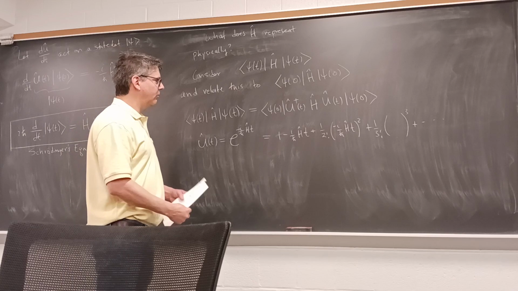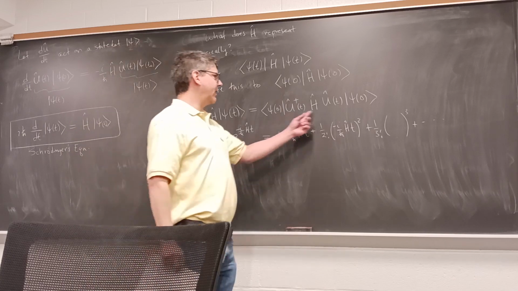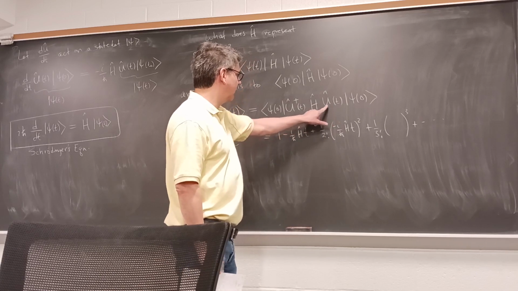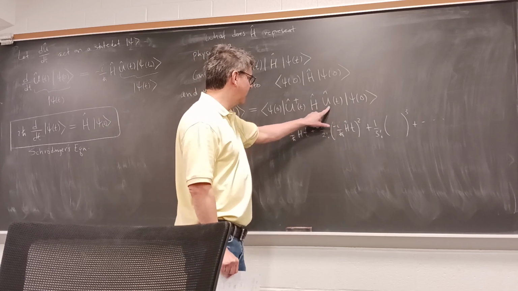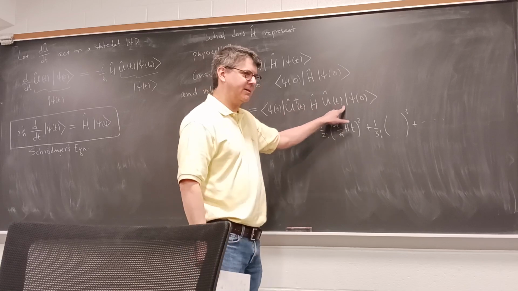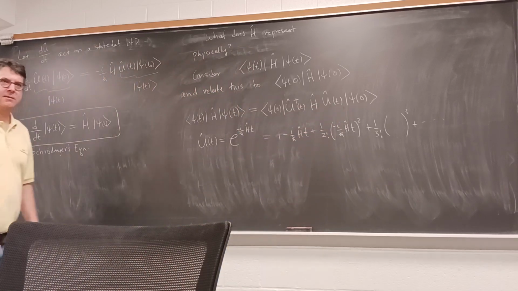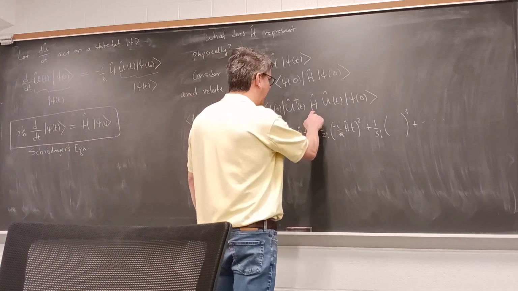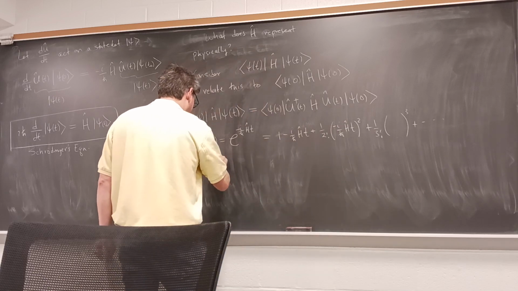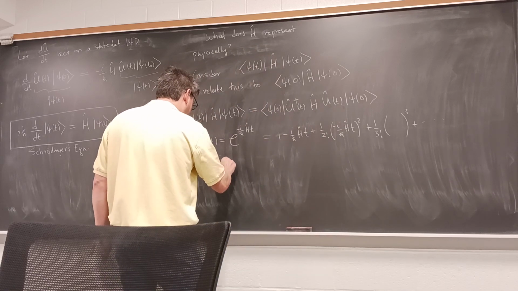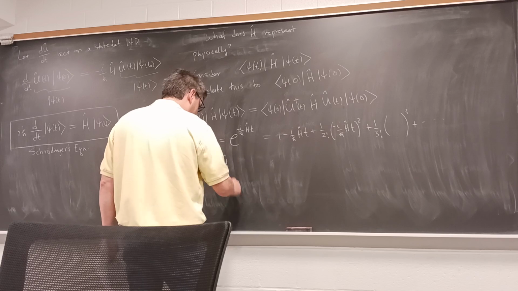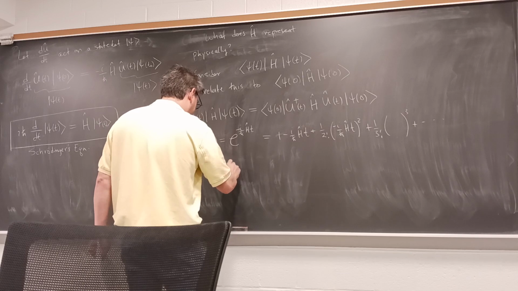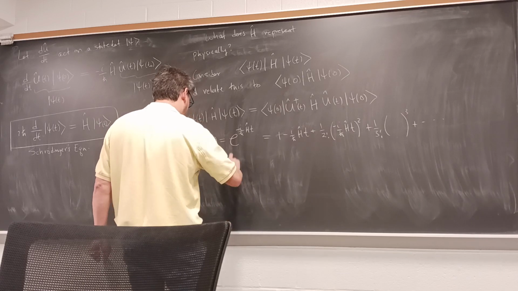I want to use the property that U dagger U is 1, so I want to move H past U. You can say it a million ways. In order for that to happen, I have to know the commutation relation: does H commute with the time evolution operator?